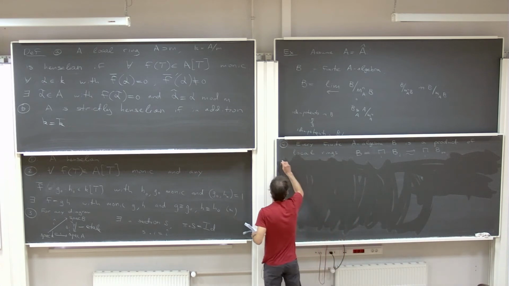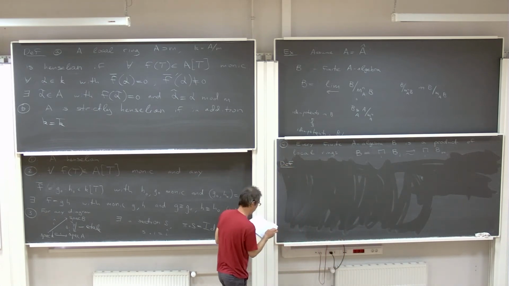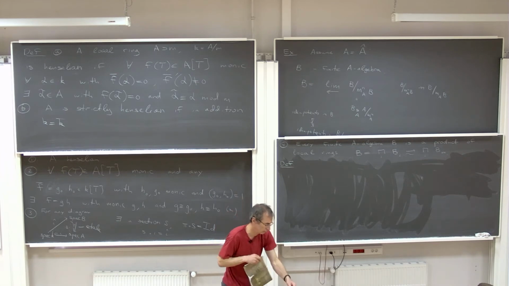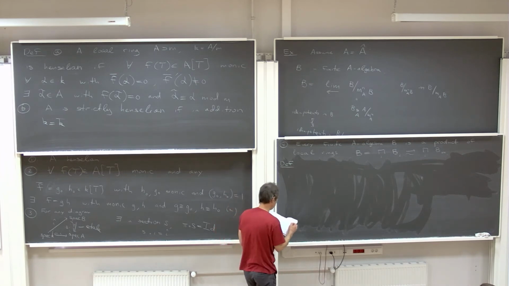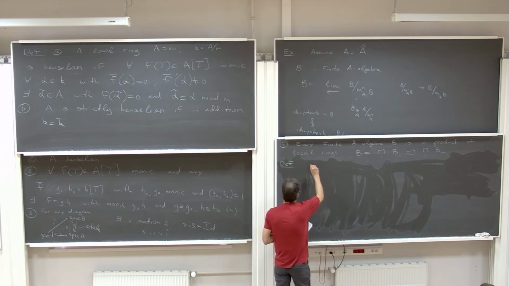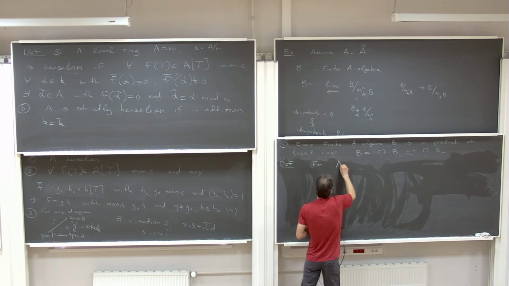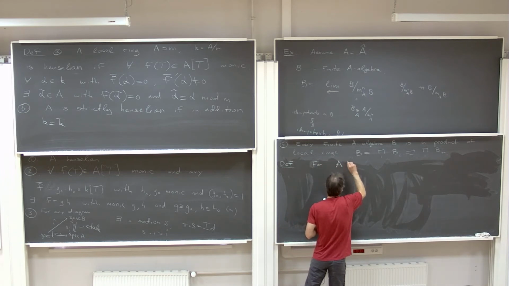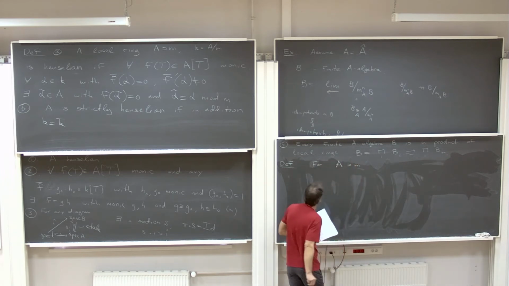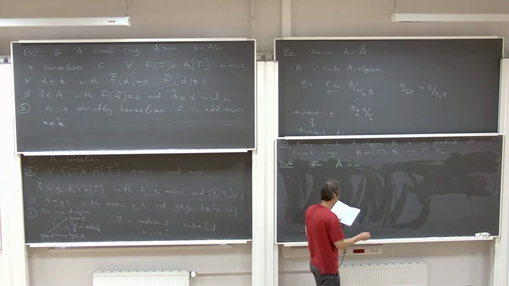Definition. Suppose you have any A and a maximal ideal. A need not be local.